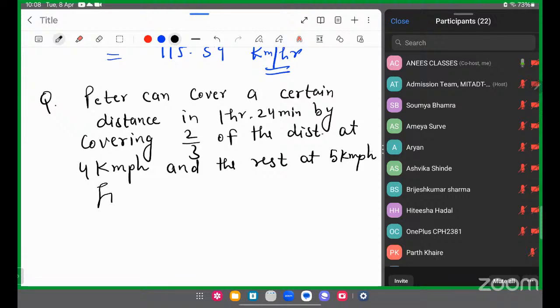Find total distance. So how will you solve it?